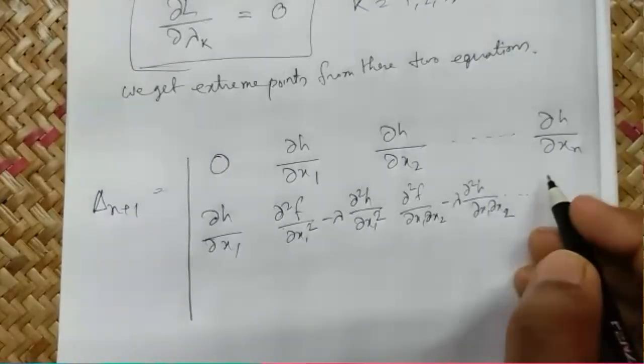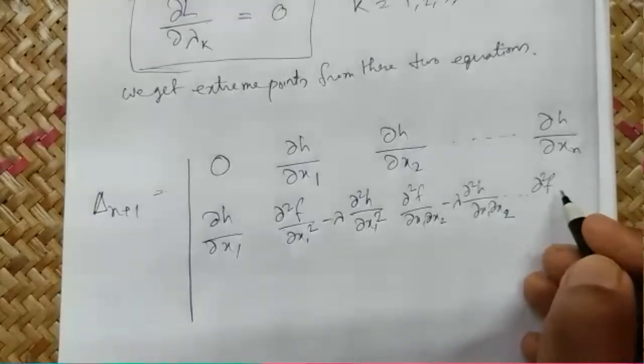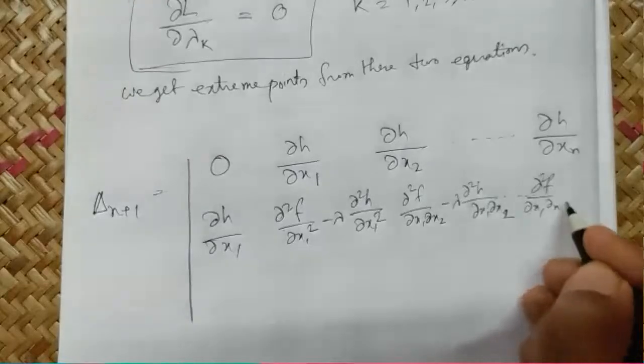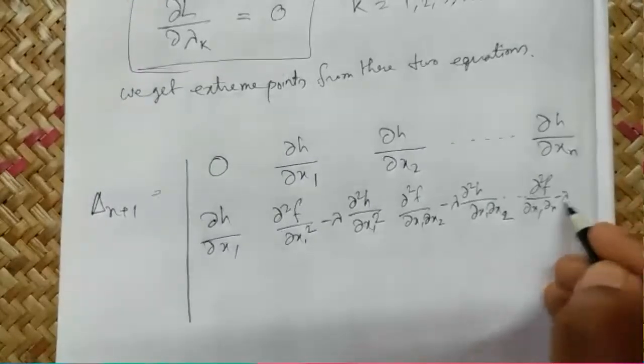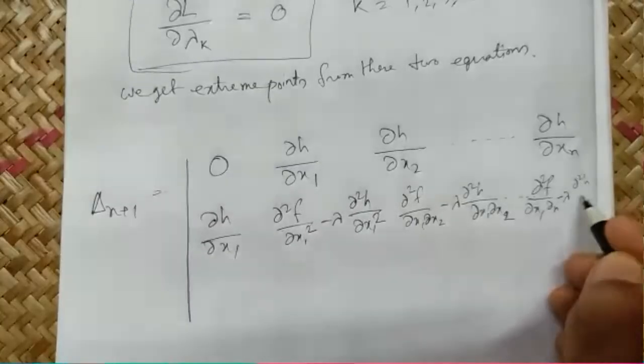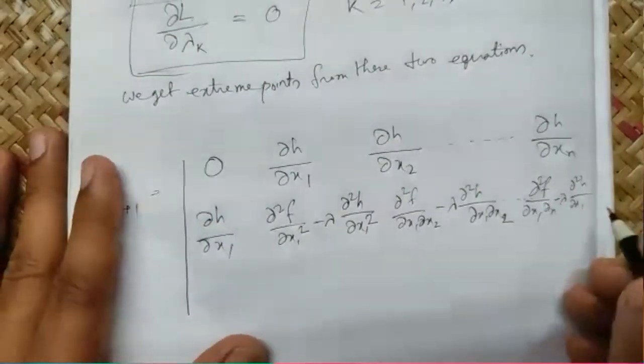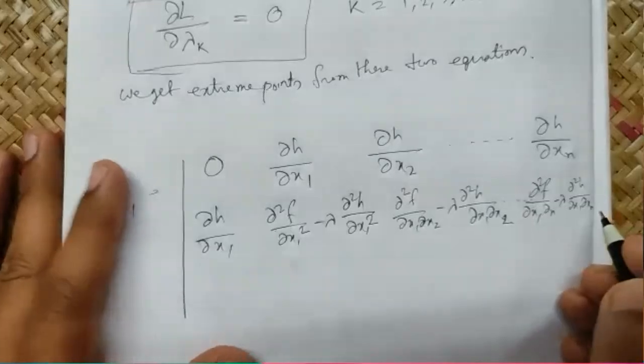Similarly, it will go up to del 2f del x1 del xn minus lambda into del 2h del x1 del xn.